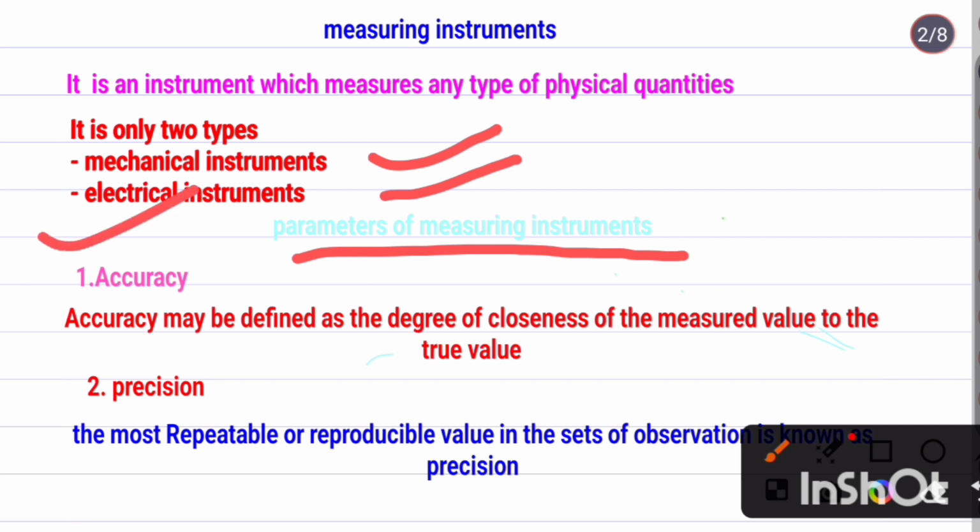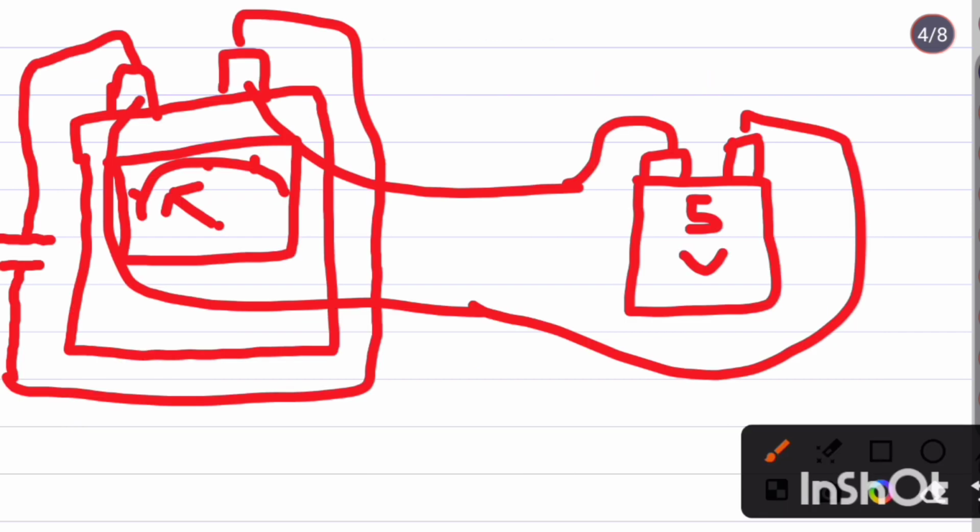First one is accuracy. What do we mean by accuracy? Accuracy may be defined as the degree of closeness of the measured value to the true value. What do we mean by measured value and true value? For example, a battery of 5 volt is connected to the measuring instrument. We know the magnitude of the battery is 5 volt, so that is the true value.